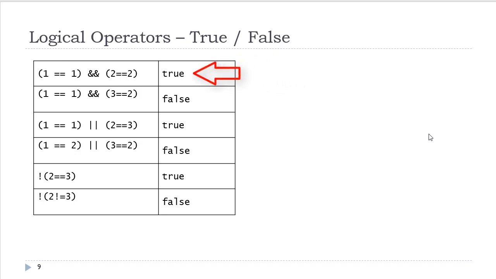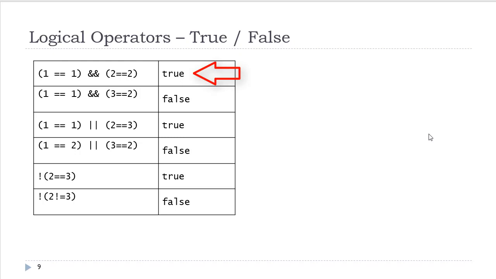So here we have two conditions. 1 equals 1 and 2 equals 2. The condition on the left is true. The condition on the right is true. Because this is an and logical operator, both conditions must be true, which they are. Therefore, this evaluates to true.